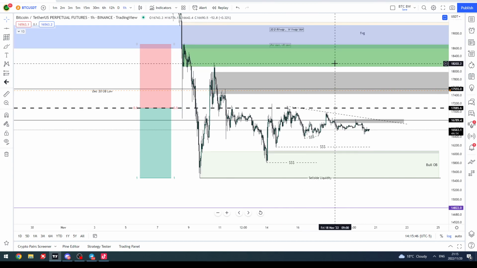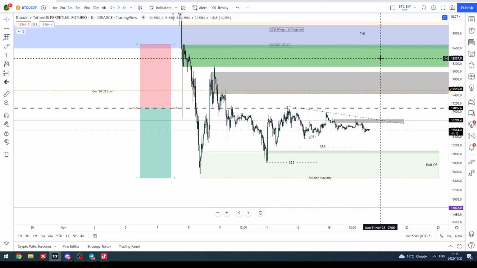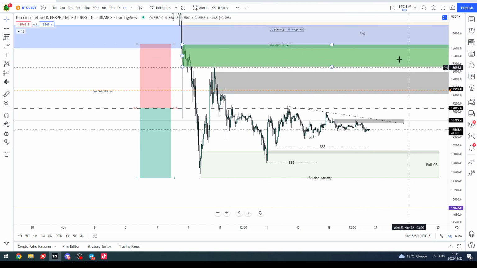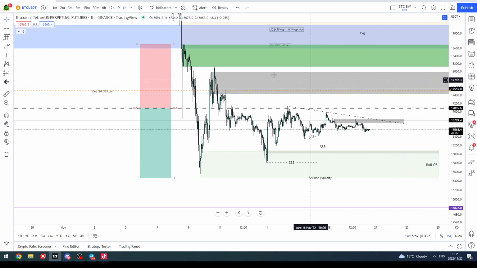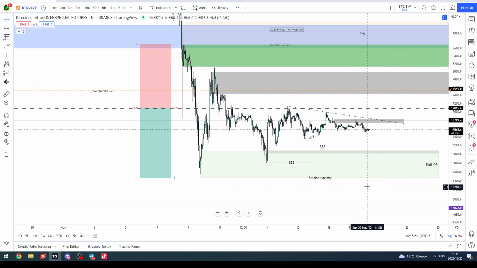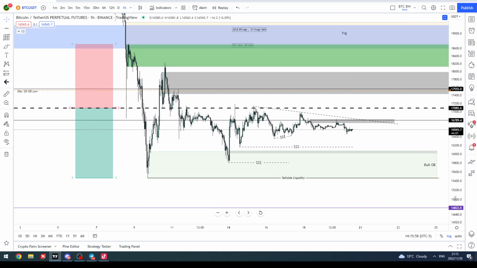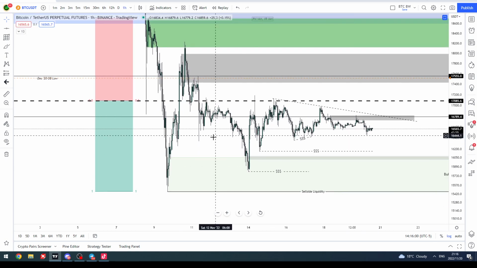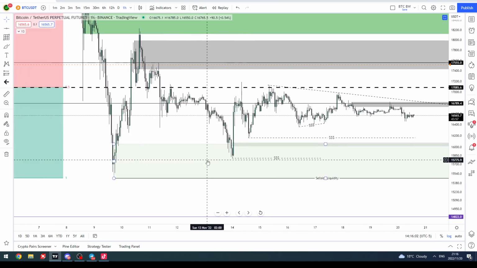Then BTC will push higher. Otherwise, if this caps it, we'll most likely see BTC head down to that 14.5 target that we had. Right. So we had the order block here at the bottom.